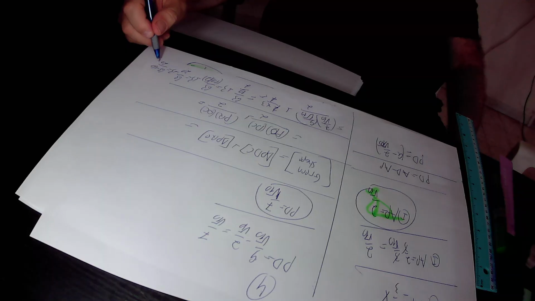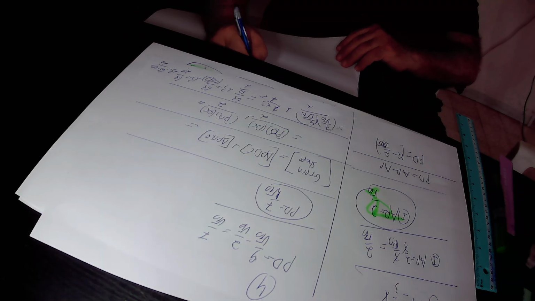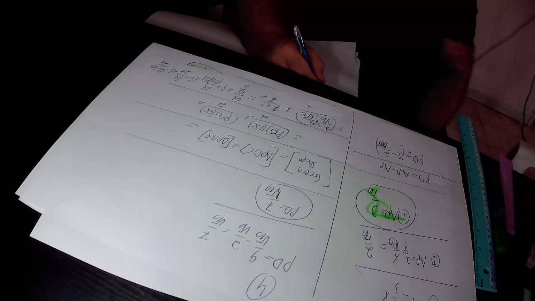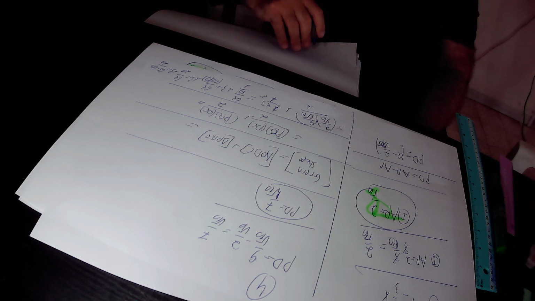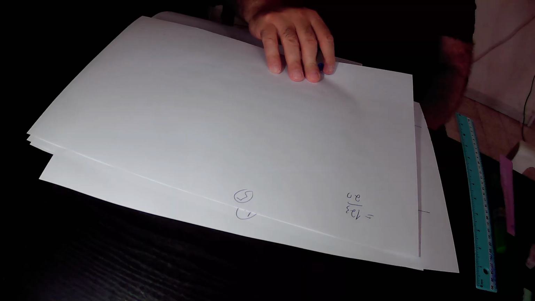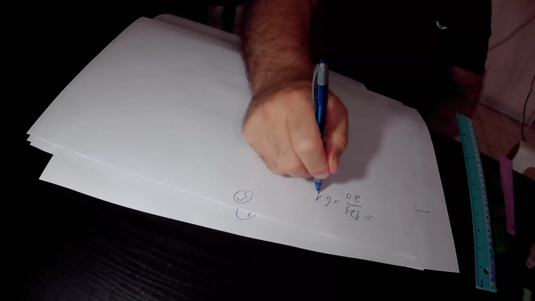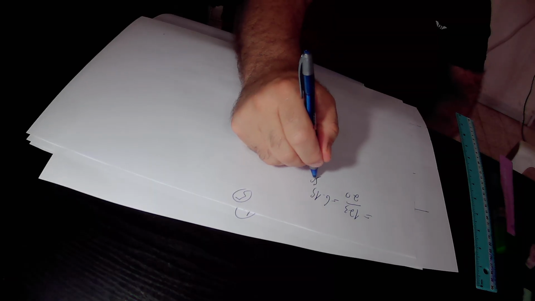63 plus 60 is 123 divided by 20. That is 123 over 20, or 6.15 square units.